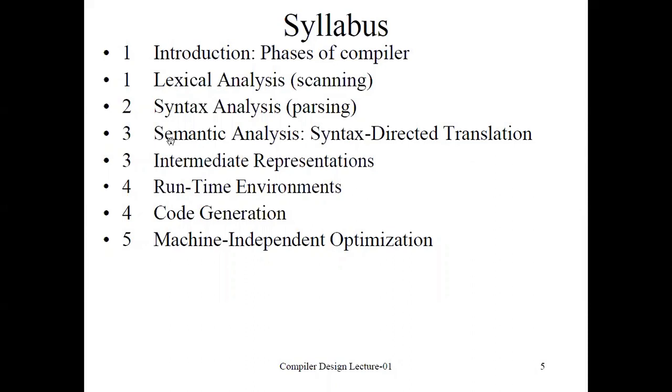The third phase is semantic analysis, where we are going to discuss the concept of syntax directed translation. The fourth phase is intermediate code generation, simply called intermediate representation. The fifth phase is code optimization, which is an optional phase, so whenever it is required, it can be used. The last phase is code generation.